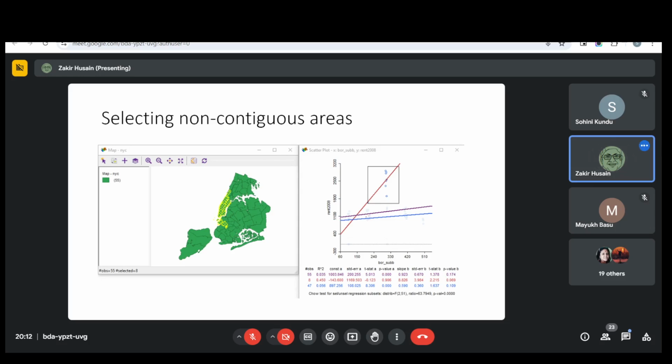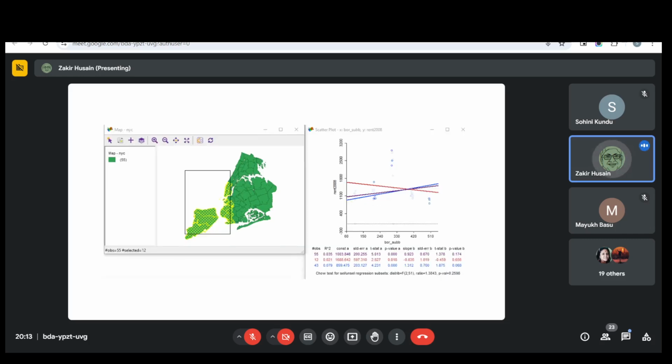And the blue one is for the unselected region, 47 boroughs. The coefficient is 0.590. And over here you can see F, and you can see that even at 1% level, we can't accept the null hypothesis. So clearly, this region, what we have selected, comprises a spatial regime. It's different from the remaining regions.